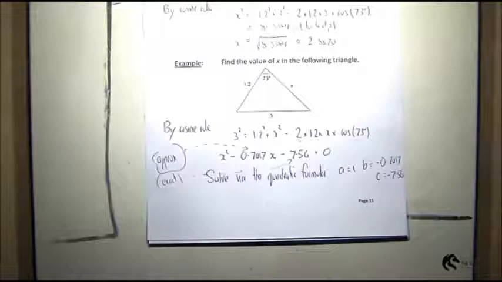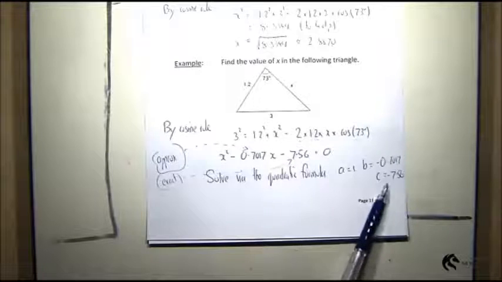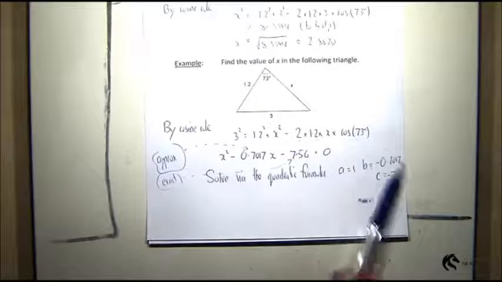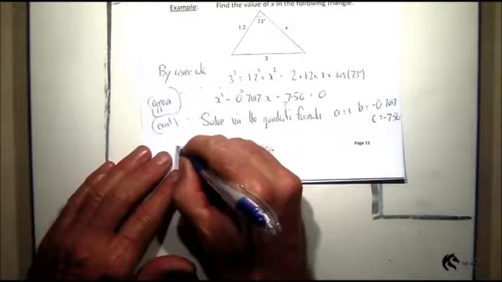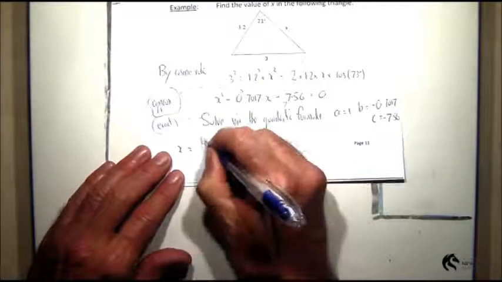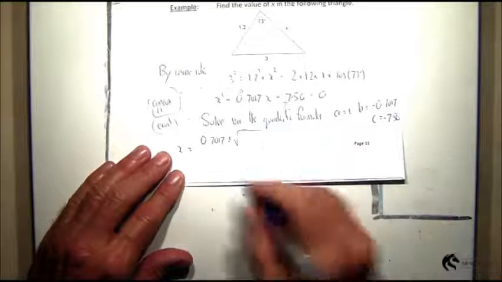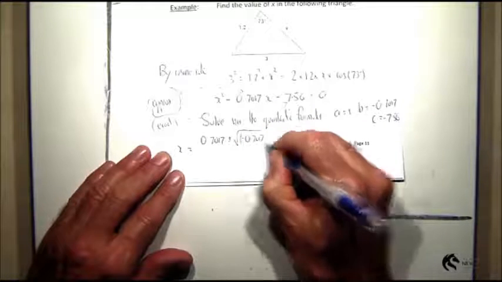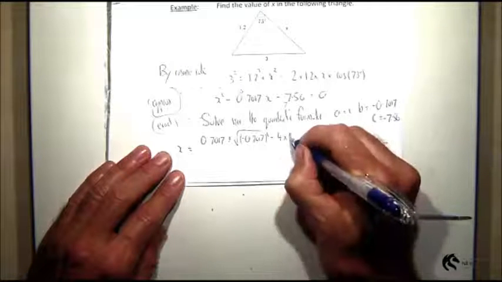And so your quadratic formula, negative b plus or minus the square root of b squared minus 4ac all over 2a. In there. So just substitute those numbers into that and you will get, therefore, x is equal to negative b plus or minus the square root of b squared, minus 0.7017 squared, minus 4 times a times c.